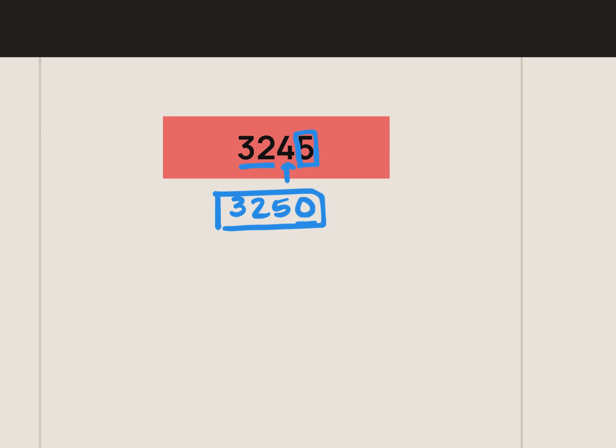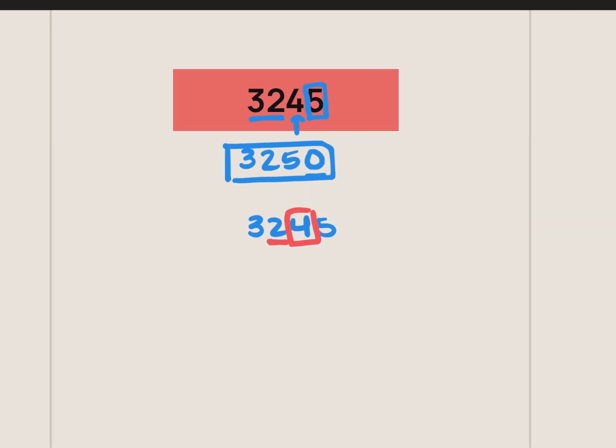You want to make sure to be careful, because you want to be thinking ahead of how many significant figures you need. Because if I looked at rounding up or down for the 2, in this case I would look at 4, and it would make me round this number down to 3,200.